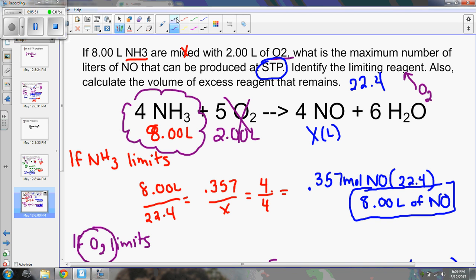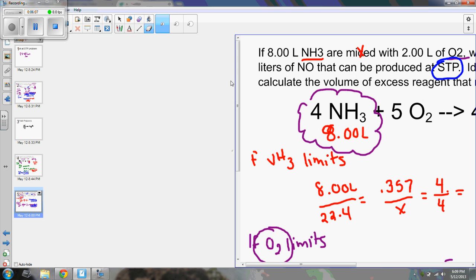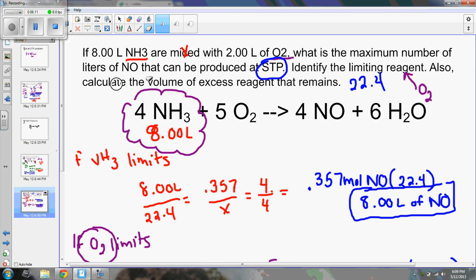So what I can do is say the most NO that could possibly be made from this reaction, let me get rid of some of this.